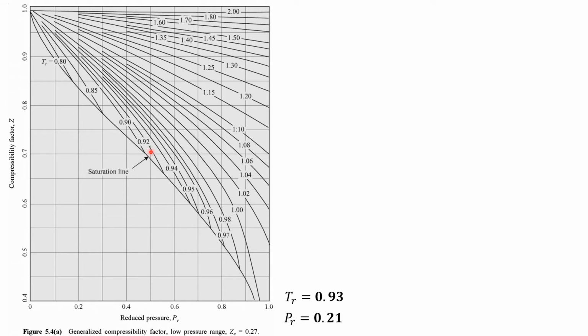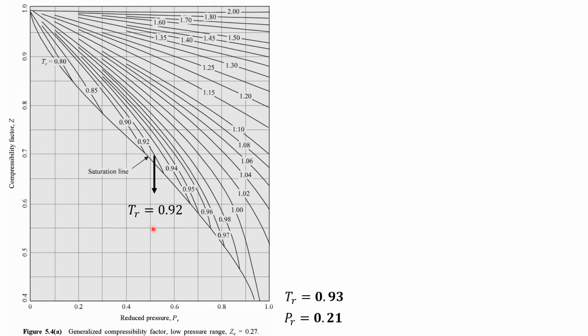So we can roughly estimate that Tr equal to 0.93 will be between this 0.92 and 0.94, and on this axis we can identify Pr because this axis corresponds to reduced pressure. So Pr 0.21 will come somewhere at this point.